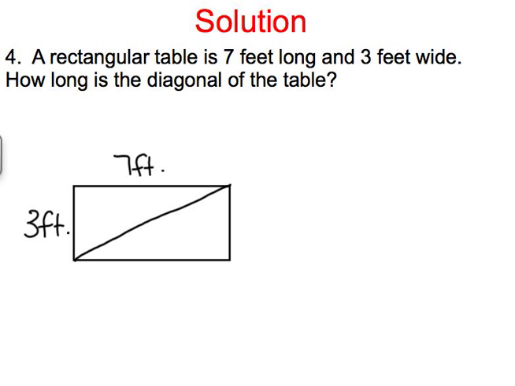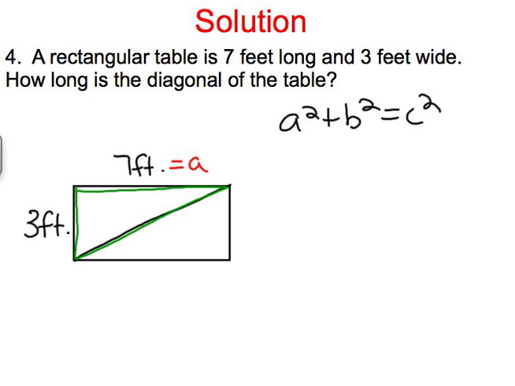Okay, as you can see, a right triangle is formed when we draw that diagonal in there. So therefore we can use the Pythagorean theorem. In this case, the legs are going to be 7 and 3 feet. So let's go ahead and plug those values in.